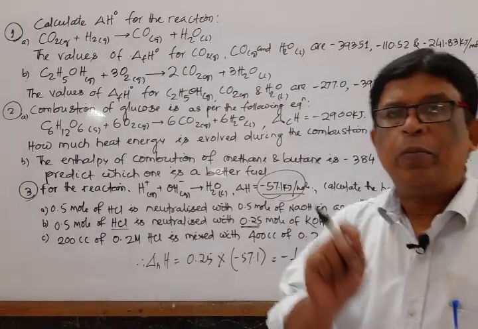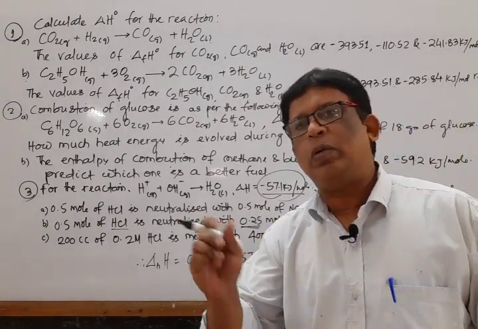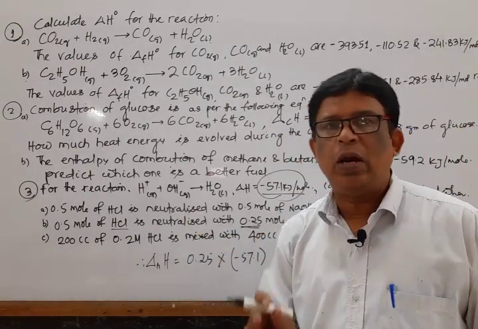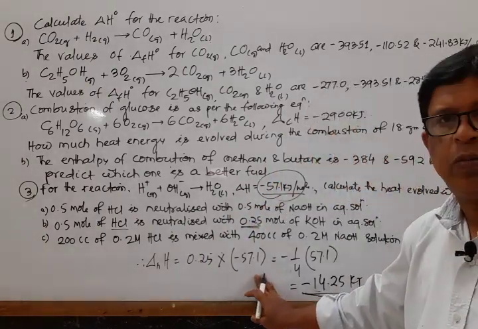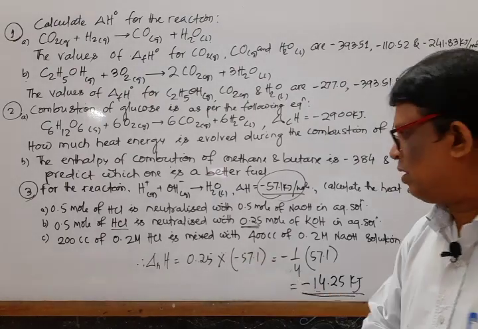Mark that. If both are equal, then that value into 57.1. If unequal, then mark which one is the lower one, and take that one into 57.1.